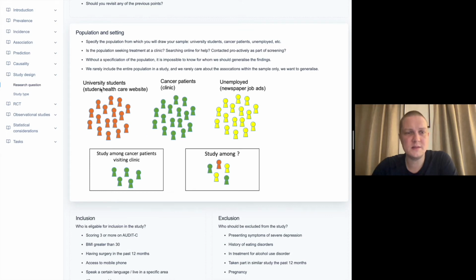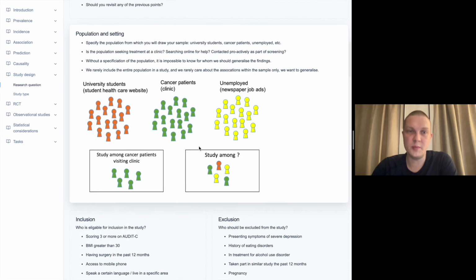This population here would be university students who visit the student healthcare website. These may be cancer patients that visit the clinic. These might be unemployed people who look at newspaper job ads, and that's how we're going to recruit them. So here we would have a study among cancer patients who visit a clinic, and here we wouldn't know what we're studying. It would just be a mix of everything, and it would be hard to generalize beyond our sample. This is sort of an extreme example, but you get the point.